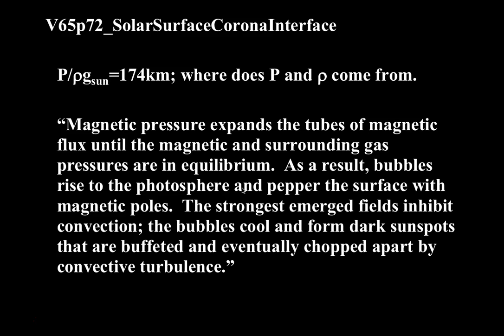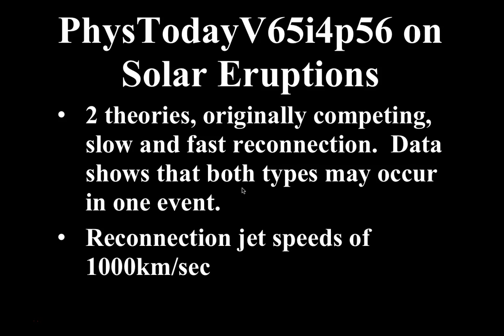So the point being is that this is ongoing. When I first started teaching astronomy again, 5 years ago, the thought was that nobody understood why the corona was so hot, 10 million degrees Kelvin. Nobody understood that. But I think the understanding now is that we have a good idea of what's going on.